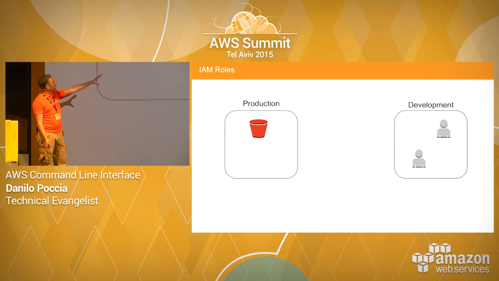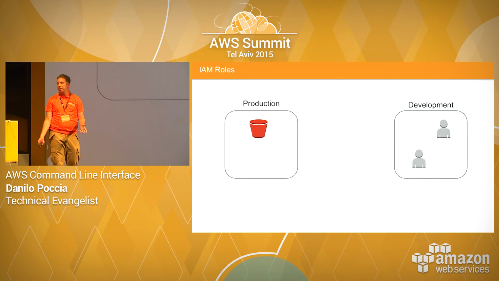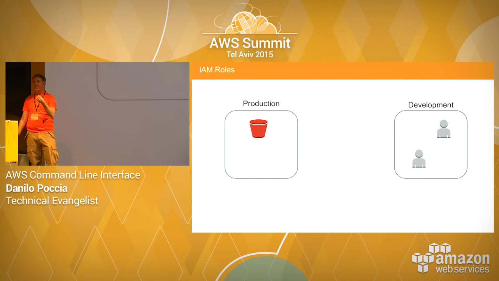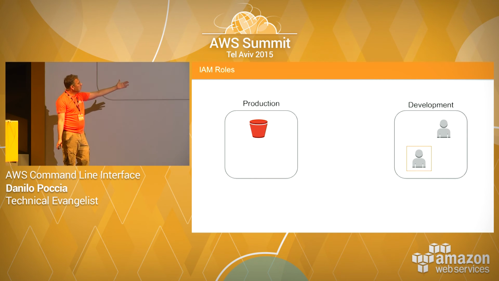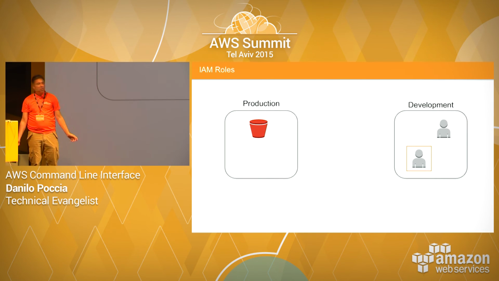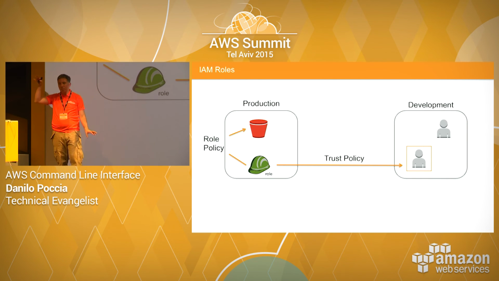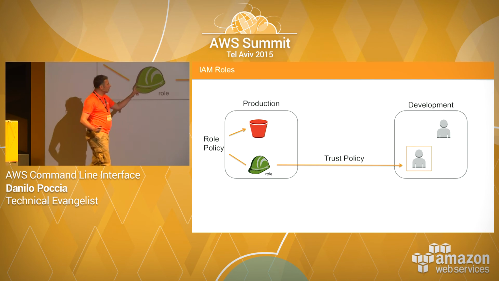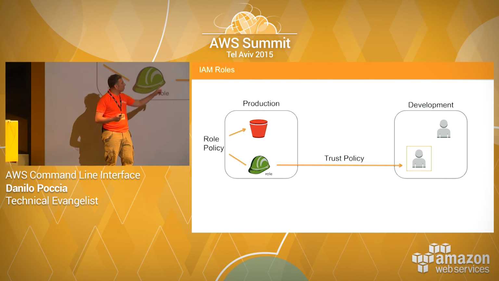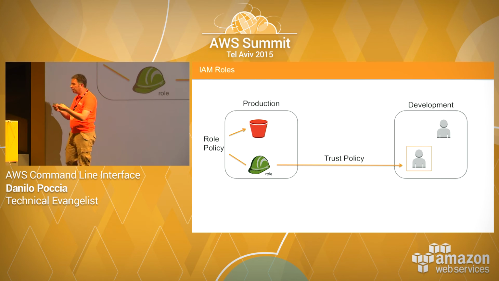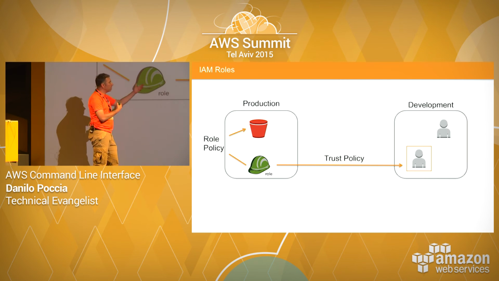So let's imagine that you have these two accounts, the production account and the development account. In the production account, you have an S3 bucket, and maybe you want to give read access to a developer to this S3 data. What you can do is create a role inside the production account. So from the IAM console, you create a role. This role has two components. The first component that you have to give in the creation is the trust policy. The trust policy tells AWS who can assume this role because they have the trust.